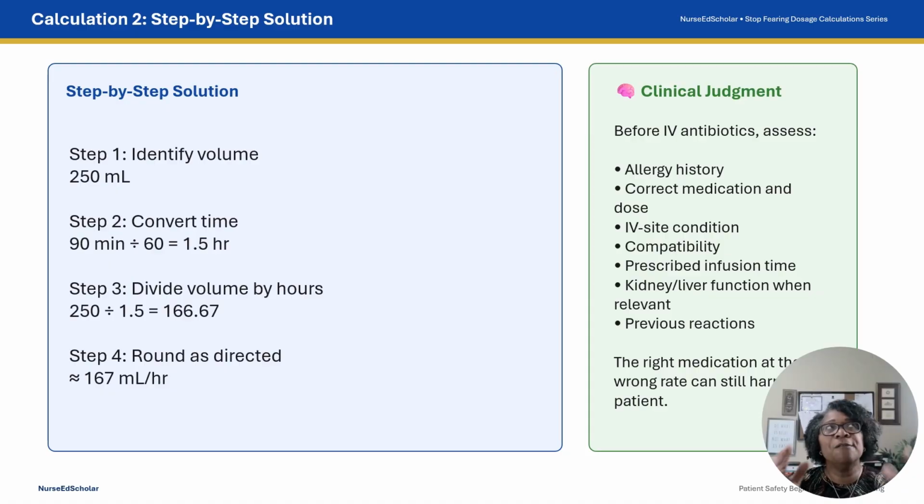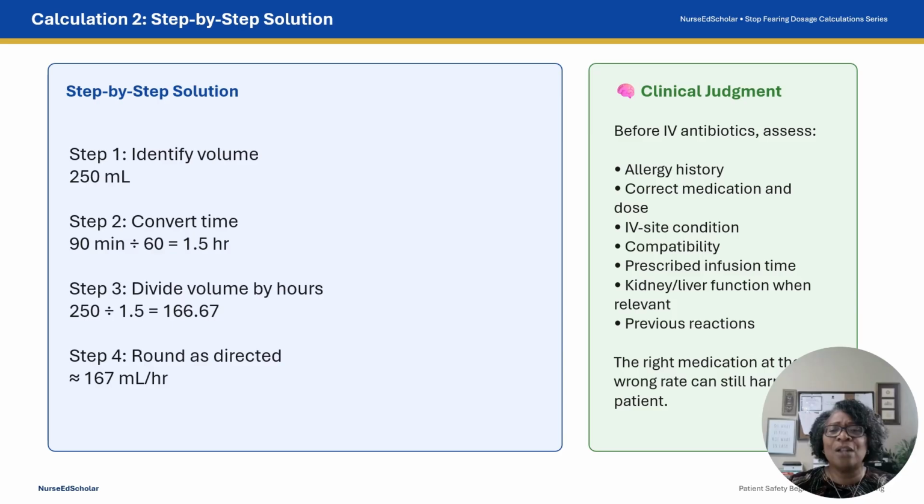Please don't. The infusion time is part of the medication order. If it says to run it at a certain rate, that's what you run it at. You don't run it faster. Doesn't mean that it's better. And technically slower doesn't actually mean that it's safer either. Medication administration must follow the prescribed rate, the medication guidance, and institutional policies.